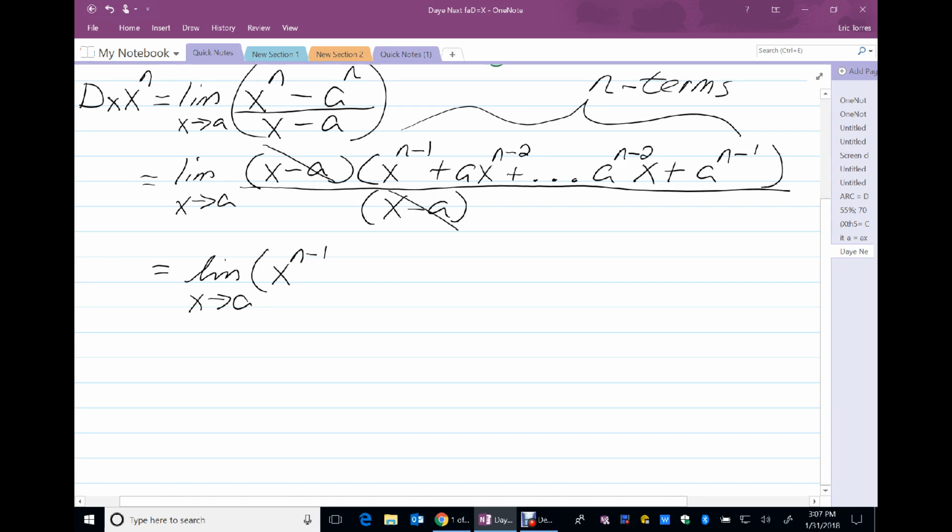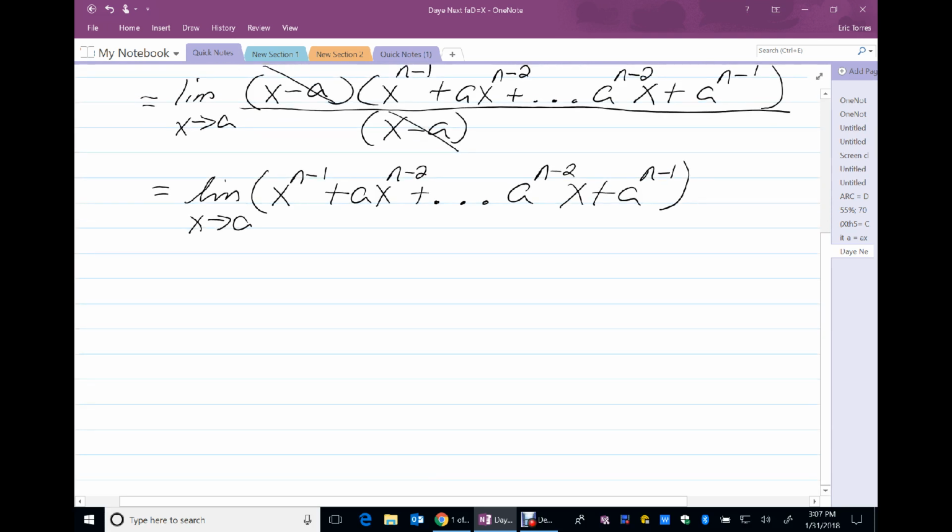That's important because at this point I can do direct substitution. Everywhere now that I see x, I can replace it with an a, which gives me a to the n minus 1 plus a times a to the n minus 2, and the pattern continues to a to the n minus 2 times a plus a to the n minus 1.